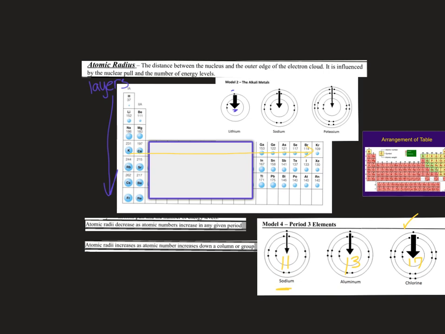So as we move across, we are increasing our number of protons, the effective nuclear charge. And that pull from those protons is going to pull those electrons in very, very tightly. So we see that radius increases as we go down a group, and it decreases as we move across a period.